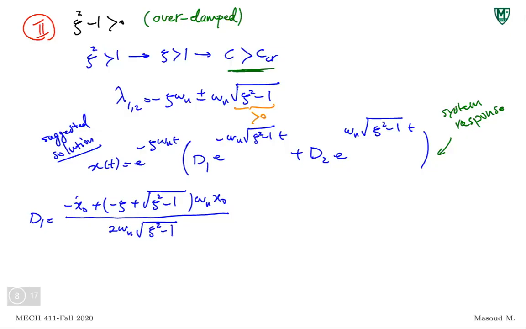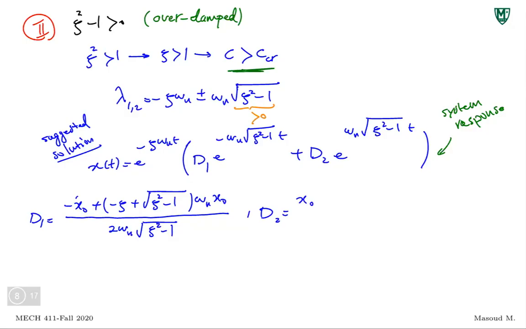This whole thing is just D1. You can find it by knowing the system's characteristics. As long as you know M, C, K and initial conditions, you can just find it. Doesn't matter how long it looks.